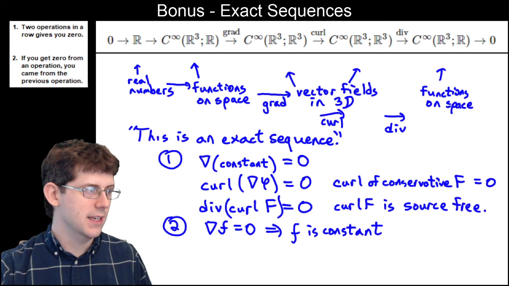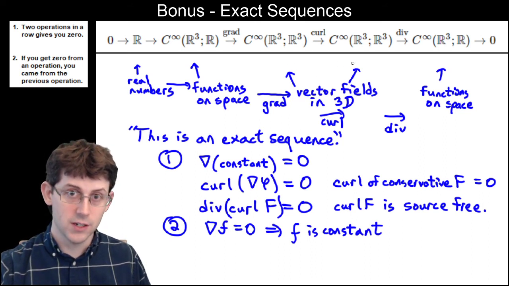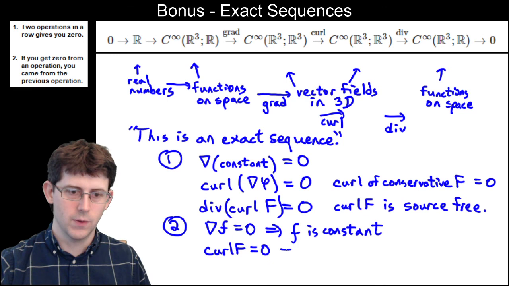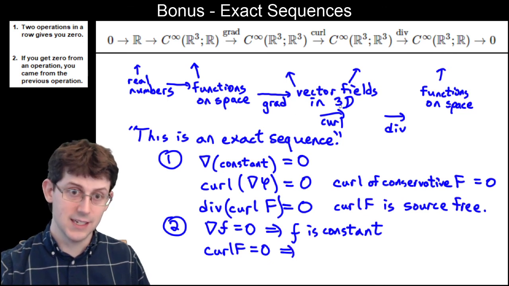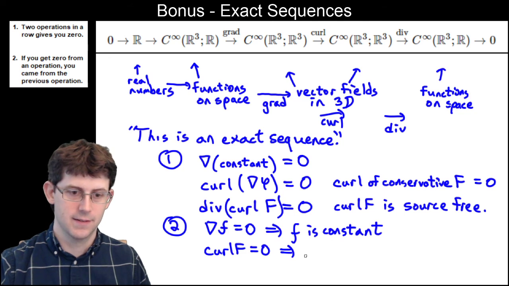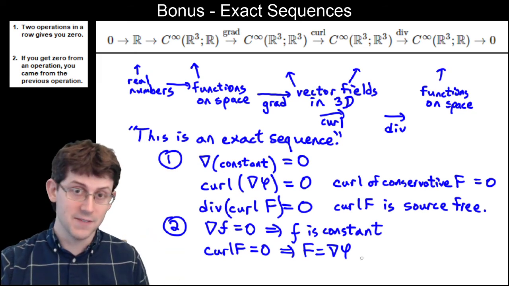What about here? If you start here, and you say, what if the curl of a vector field is 0? Well, if the curl of a vector field is 0, then apparently it came from the gradient. And this was our conservative vector field test.